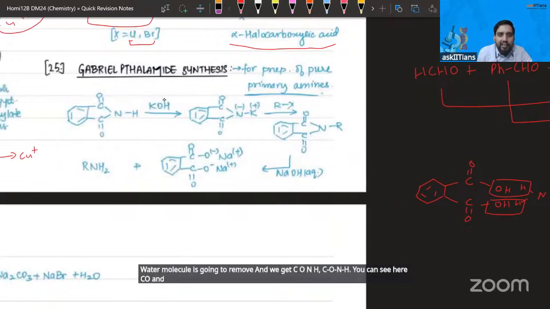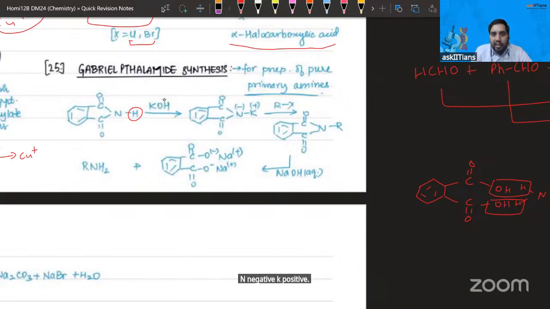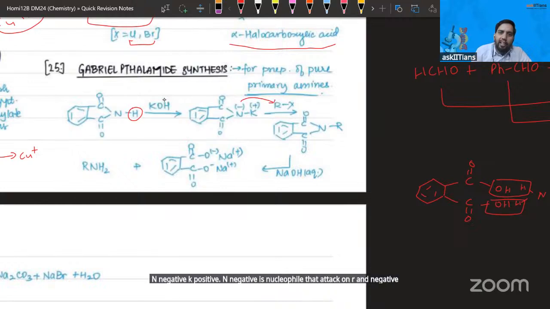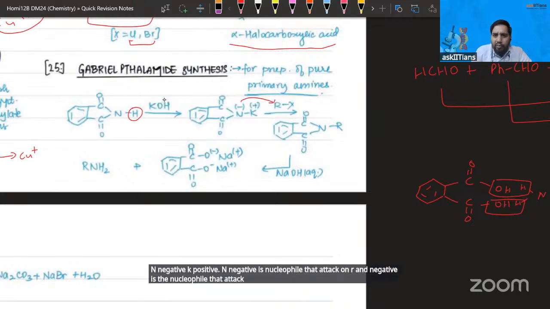This H is acidic in nature. So it reacts with base, and there will be formation of N negative, K positive. N negative is the nucleophile that attacks on R, and removal of X will be there to produce NR.